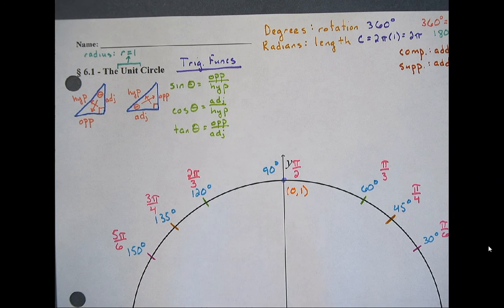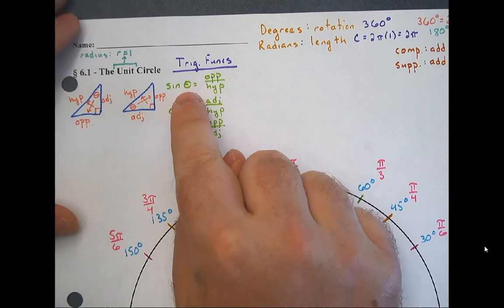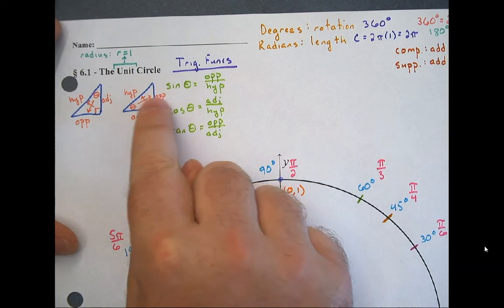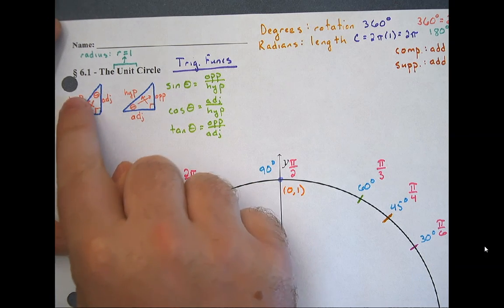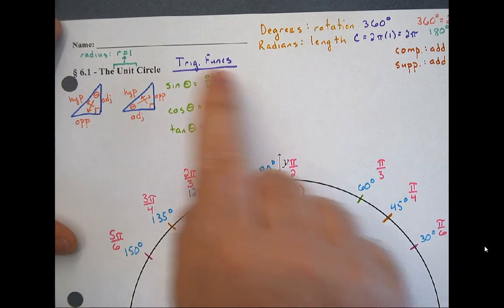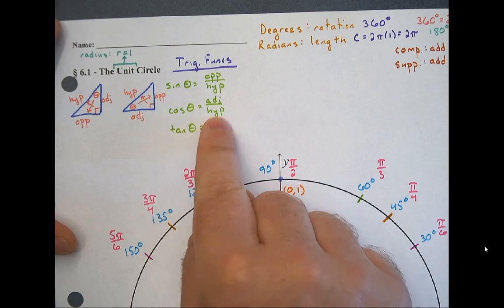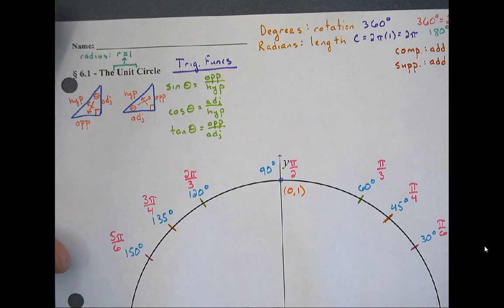So when I do a trig function, I'm comparing two sides of those triangles as a ratio. If I want to do the sine trig function, I would do opposite over hypotenuse. I would divide the lengths of these two sides of that triangle. Cosine is adjacent over hypotenuse, and tangent is opposite over adjacent.